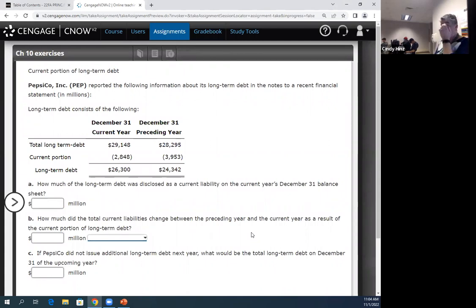So when we think about what a company is including on their financial statements, and I already told you our next chapter, the chapter we're going to cover next week, deals almost exclusively with corporate bonds. That might even be the title of the chapter.